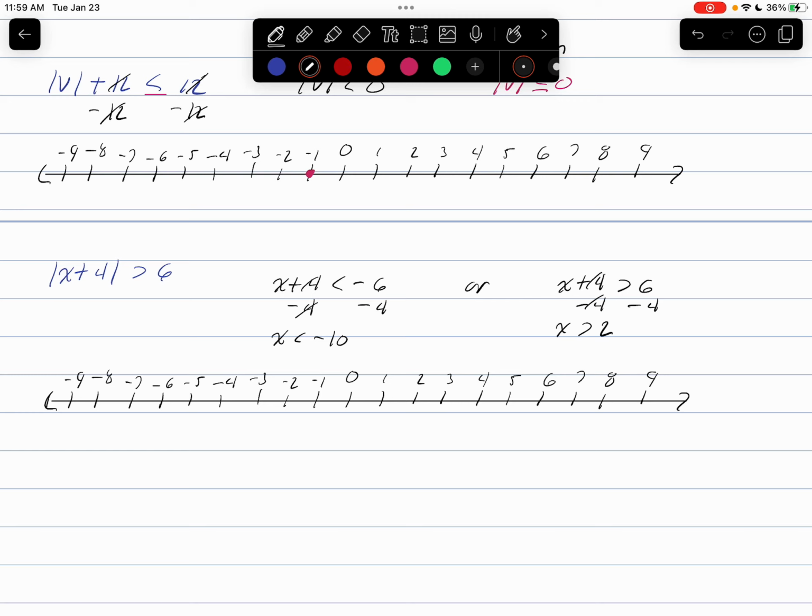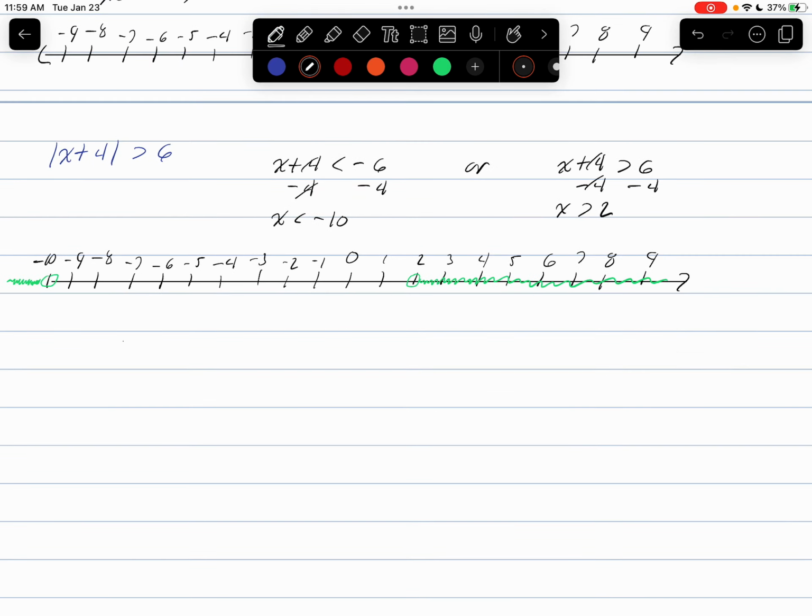Okay, so we're looking for x less than -10. Kind of ran out of room here, so we'll make another line. If we want to shade this in on the graph, we could write this with an open circle at -10, and then we'd shade everything off to the left because we're looking for everything less than that. And then we'd have an open circle at 2, and we go for everything to the right. If we wanted to write this in interval notation, we could write this as the interval from -infinity to -10.